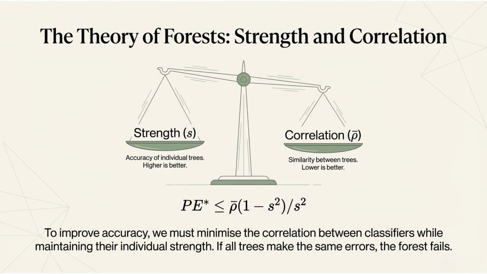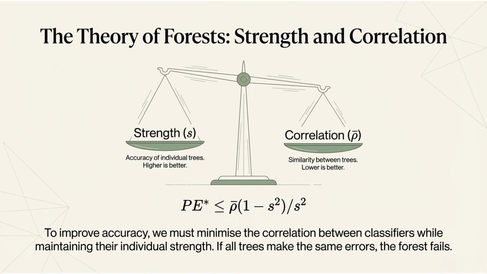At each split, only a random subset of features is considered, increasing diversity further. The final prediction is made by majority voting, and as the number of trees increases, the model becomes more stable and resistant to overfitting.